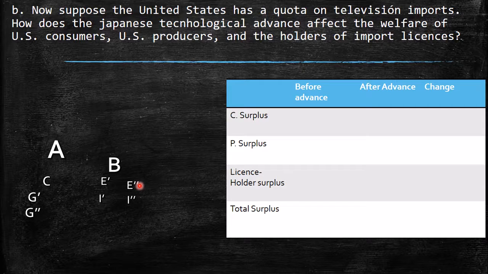This is interesting because they are going to be imported at the world price. This is going to be the same supply curve as before, but after this limit passes, the suppliers are going to be the same as the domestic ones.